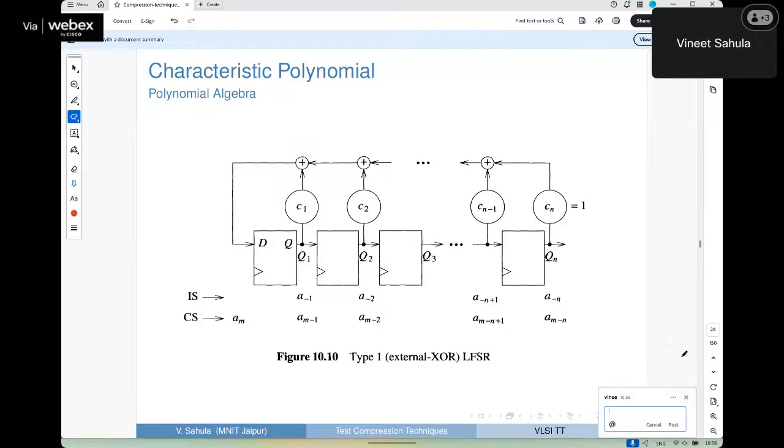The tagging is of the flip-flops. We labeled these as 1, 2, 3, 4. In the same way, these are the outputs, Q1, Q2, Qn. The Qn is tapped and applied to everybody. Hence, Cn is always 1. Fine. C1, C2, up to Cn minus 1 could be anything, 0 or 1, flexible.